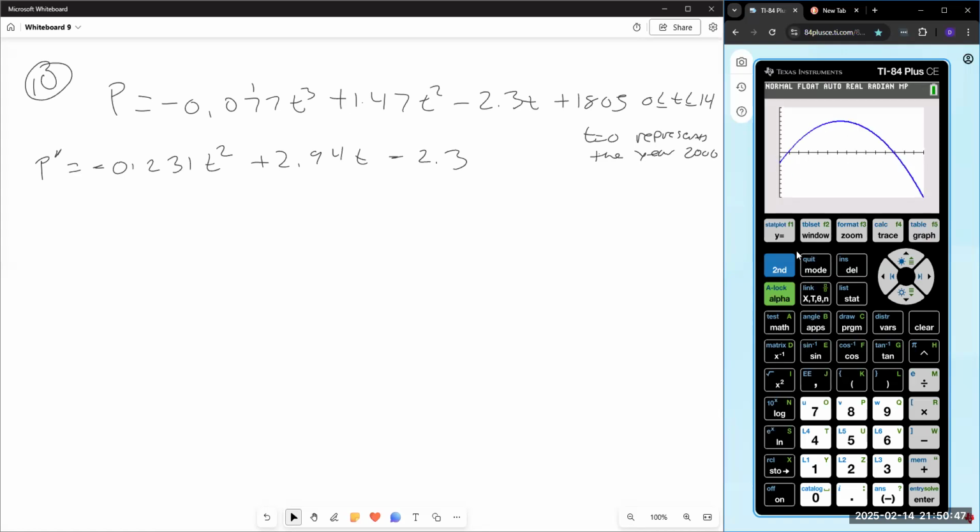I'm interested in second calc, zero. Where does it cross the x-axis? It crosses at critical numbers. T equals 0.8374118.